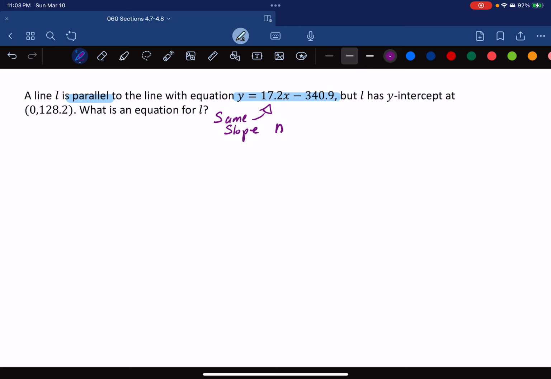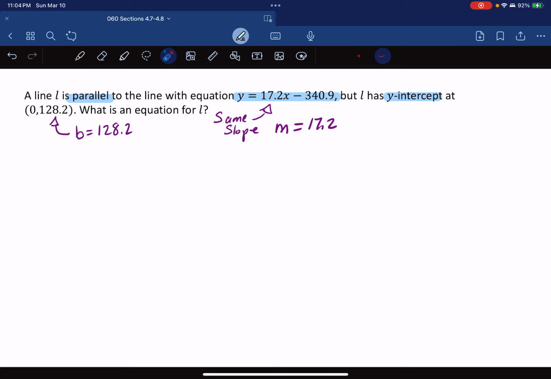So we know that our slope for line L is going to be 17 and 2/10. They also gave us the y-intercept as a point, which means our b is going to be 128 and 2/10.